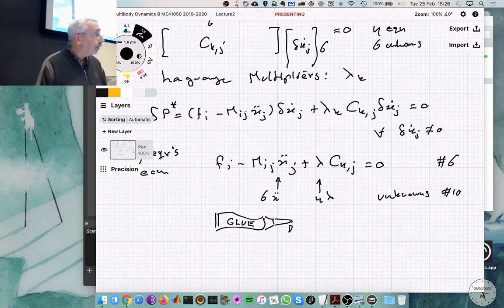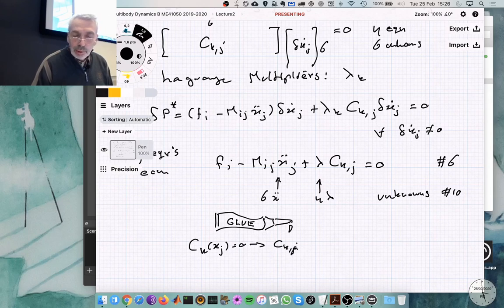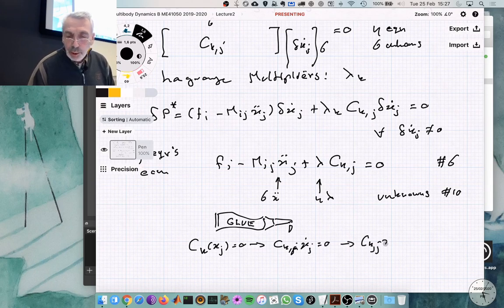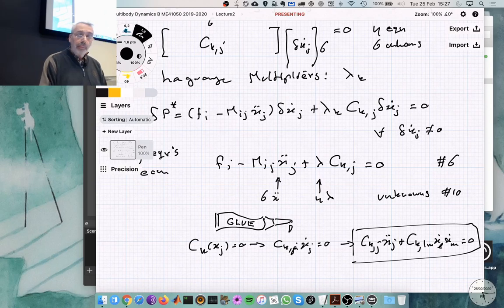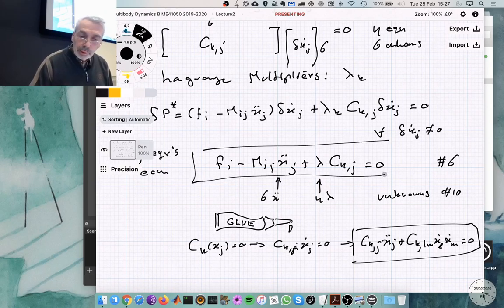So we need to add our constraints, on the level of our variables, and our variables are accelerations. Coming from c_k x j is 0, we go to c_kj x dot j is 0, and by differentiation, c_kj x double dot j plus c_klm x dot l x dot m is 0. So we need to add this. Then we have 6 equations plus 4 equations, in total 10 equations, and we have our 10 unknowns.